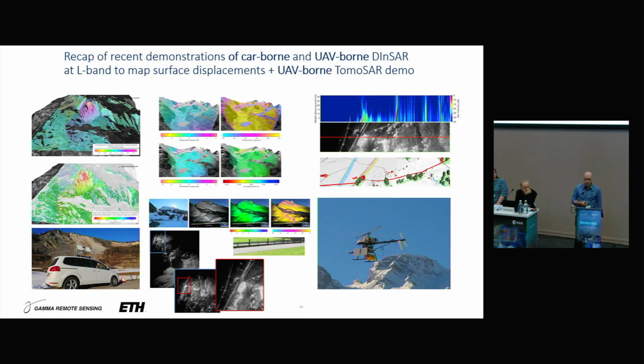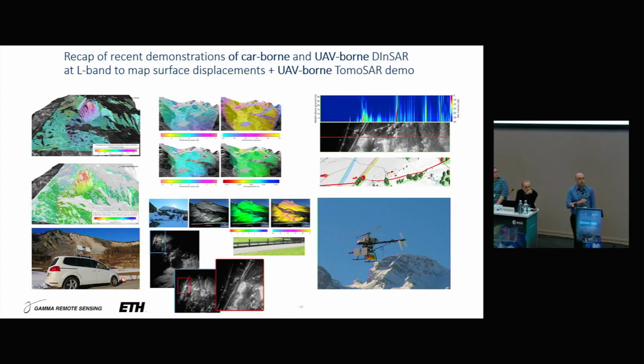We have been doing a couple of demonstrations of this L-band-based InSAR for surface displacement measurements based on a car, or also with drone experiments. So you see a summary slide here. I'll pick one of them to show a bit more detail.